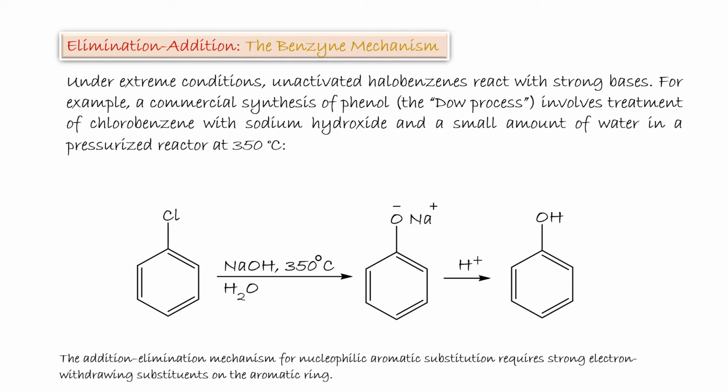For example, a commercial synthesis of phenol by Dow Company involves treatment of chlorobenzene with sodium hydroxide and a small amount of water at 350 degrees Celsius. Of course, the reaction will give the phenolate first, and you acidify it to give phenol.